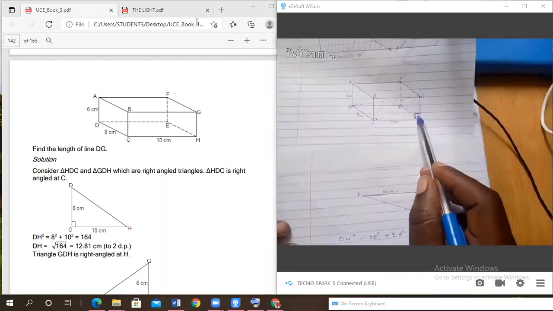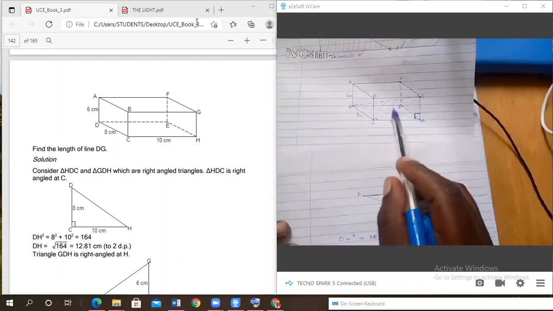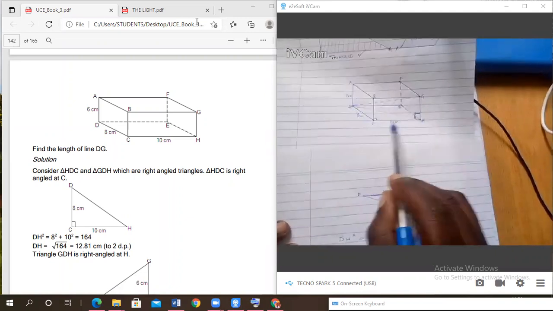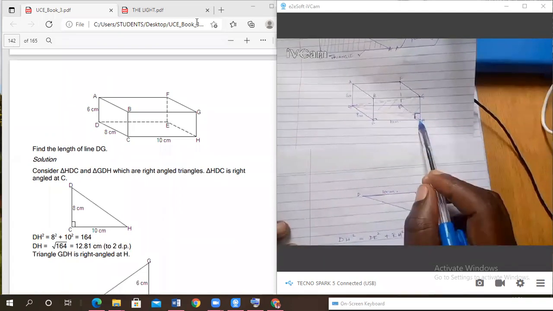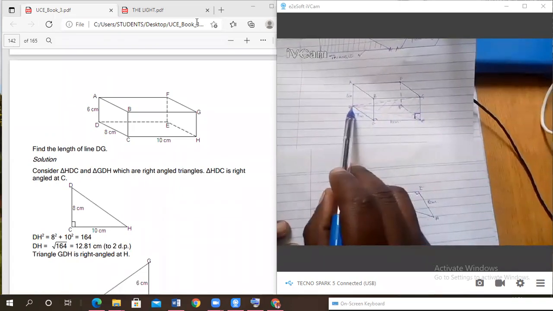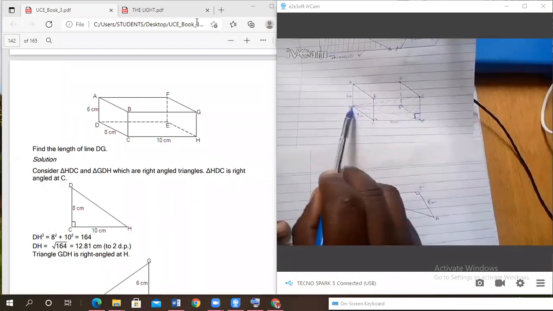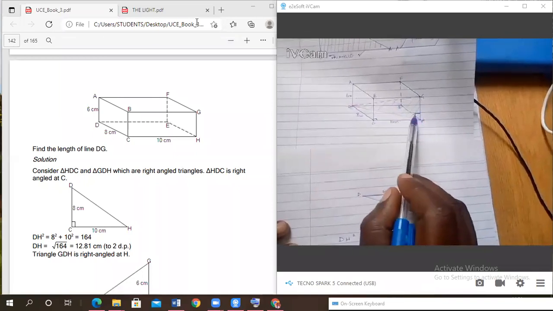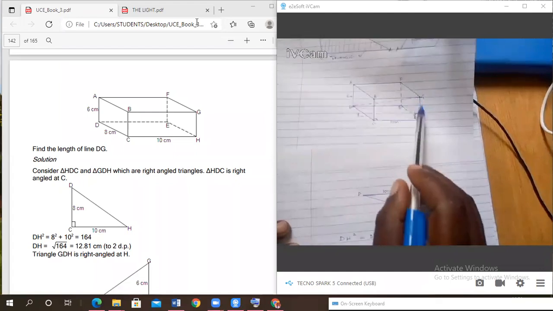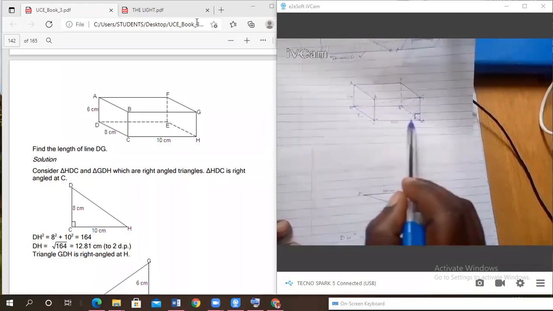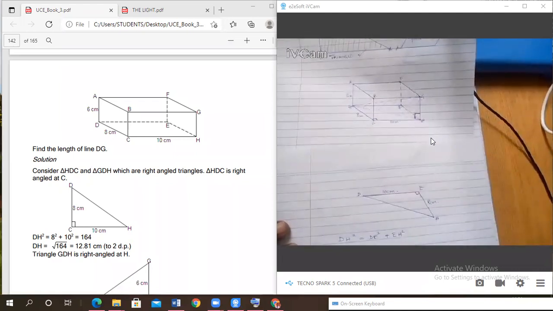At H, it is 90 degrees because the base C, H, E, D makes 90 degrees with this line here. I draw a diagonal from D to H. That diagonal is part of the base, and it is at 90 degrees with HG. That means that now this DHG is a right angled triangle.